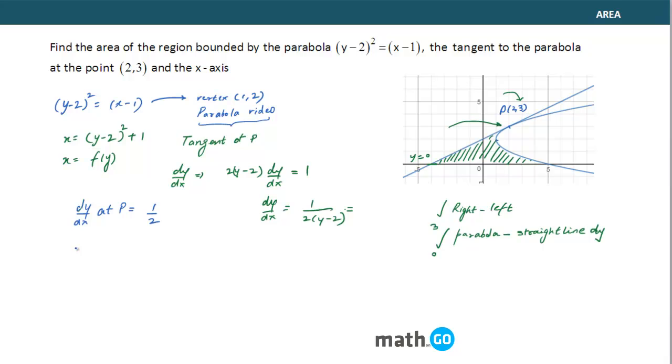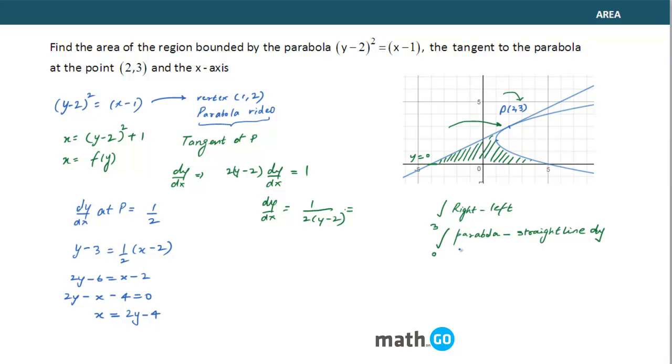So what will be the equation then? y minus 3 equal to 1 by 2 times (x minus 2). This is what you will get, which is nothing but 2y minus 6 equal to x minus 2, or 2y minus x minus 4 equal to 0. And since we need the x equal to f(y) form, we can say x equals 2y minus 4. So now we have got our answer.